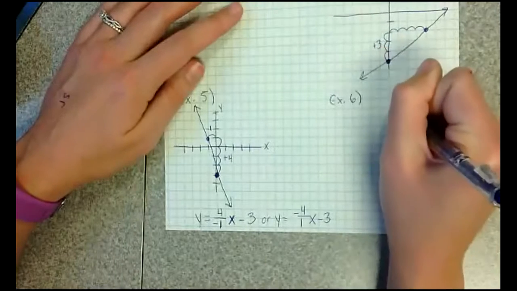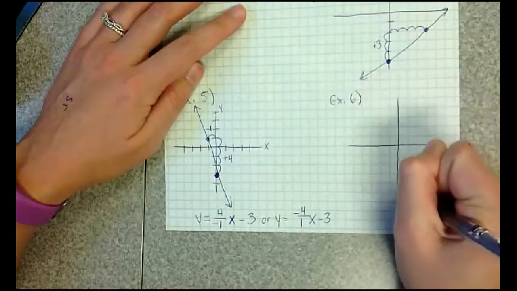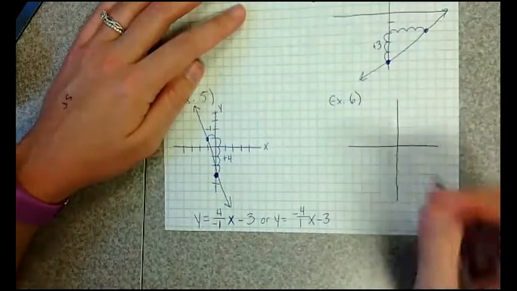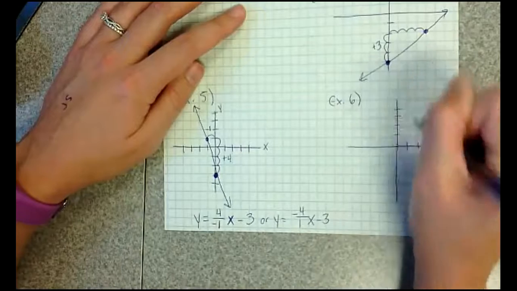Okay, last example. So we're going to sketch another graph. And I'm going to do 4 hash marks on all parts of the graph again.